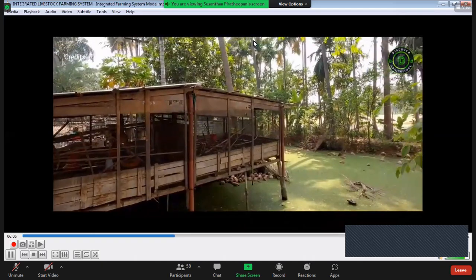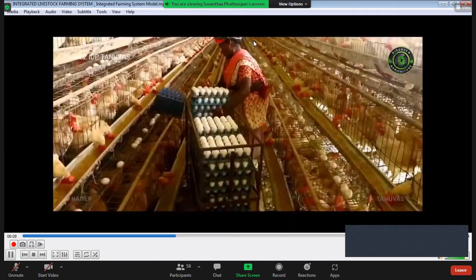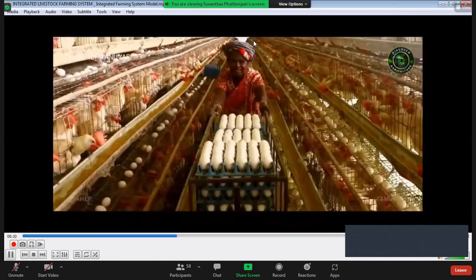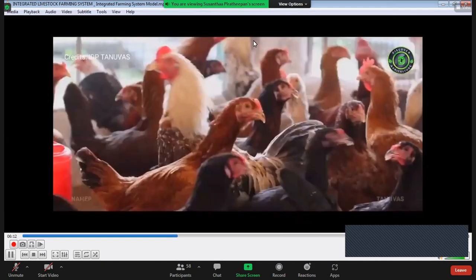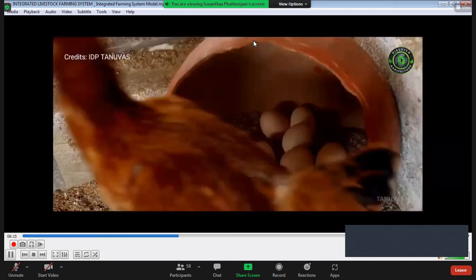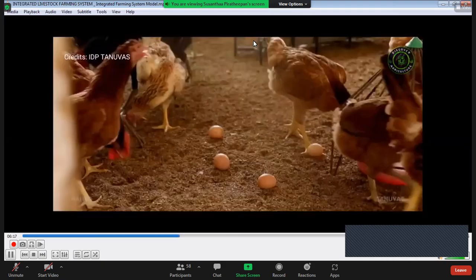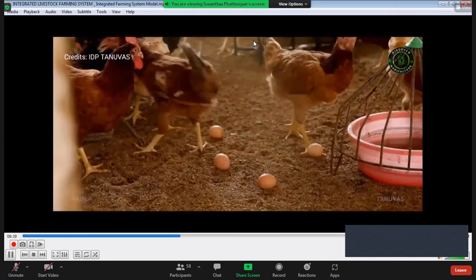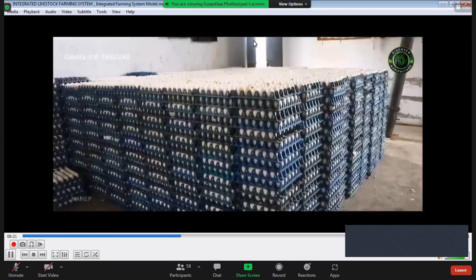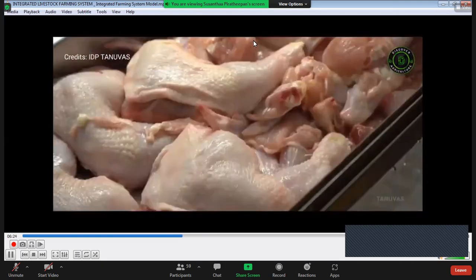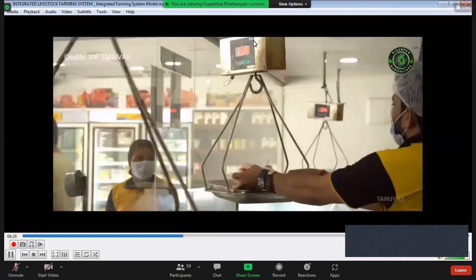The egg layers lay 250 to 300 eggs per year, whereas the desi chicken lay 80 to 100 eggs in a year. By effectively utilizing the droppings of birds, 10,000 eggs and 400 kgs of poultry meat can be produced in a year.